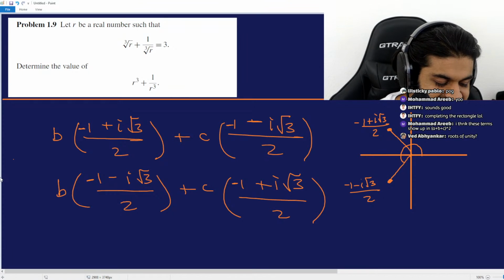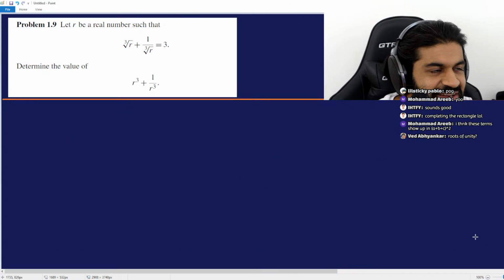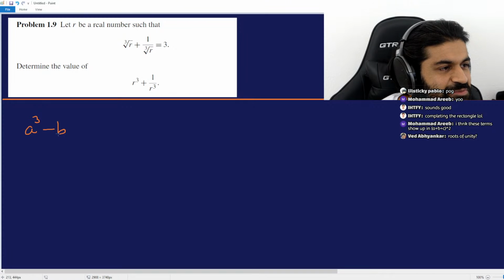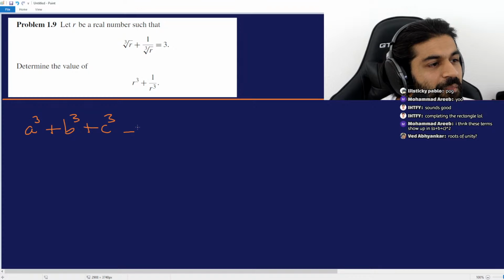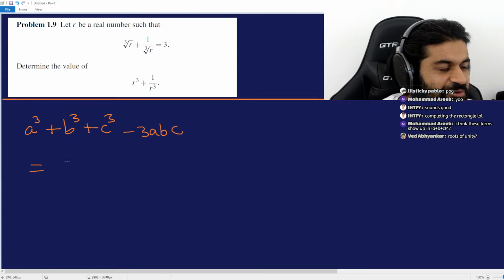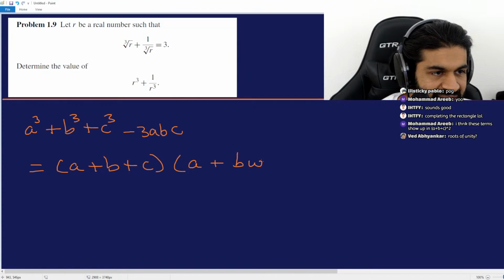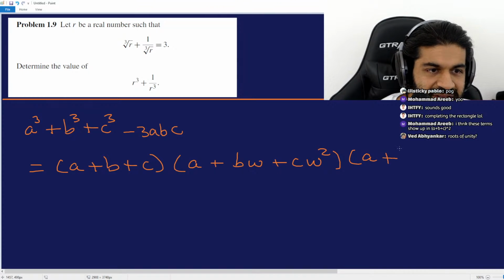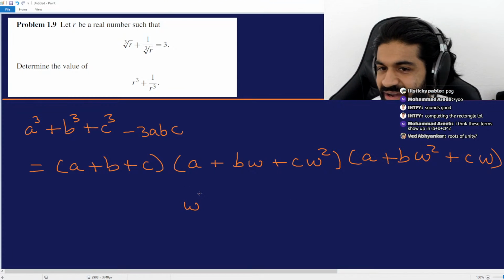And so you actually get the following really kind of shocking factorization, like so. So essentially what happens here is that, what am I doing, a cubed plus b cubed plus c cubed minus 3abc is actually equal to the following: a plus b plus c times a plus b omega plus c omega squared times a plus b omega squared plus c omega, where omega is a primitive third root of unity.